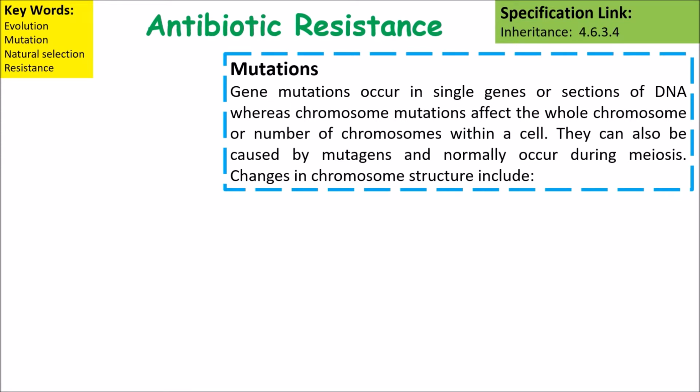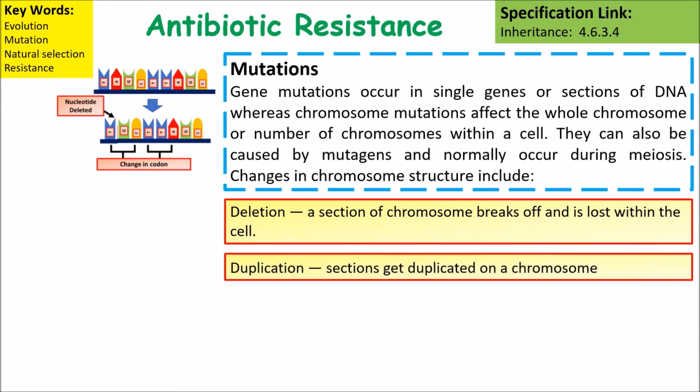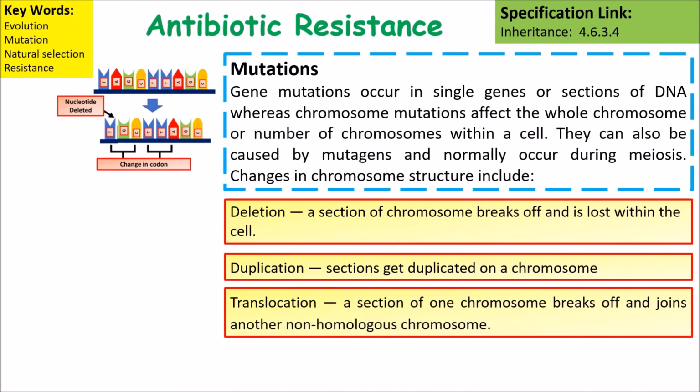Changes in the chromosome structure can include deletion, where a section of the chromosome is broken off and lost. Duplication is where a section of the chromosome is duplicated more than once. Translocation is where a section of one chromosome breaks off and joins another non-homologous chromosome.